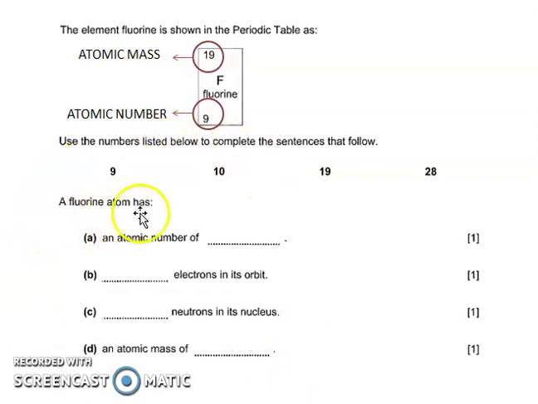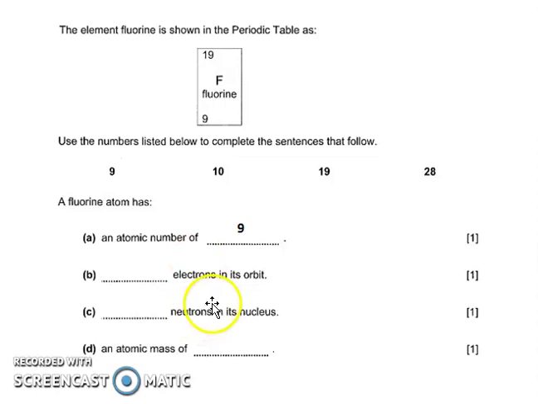A fluorine atom has an atomic number of, yes, it's 9. And we know atomic number also means the value of the electron number. Therefore, the electron number is also 9. Neutron. We know adding the atomic number and neutron number together, we will get the atomic mass.